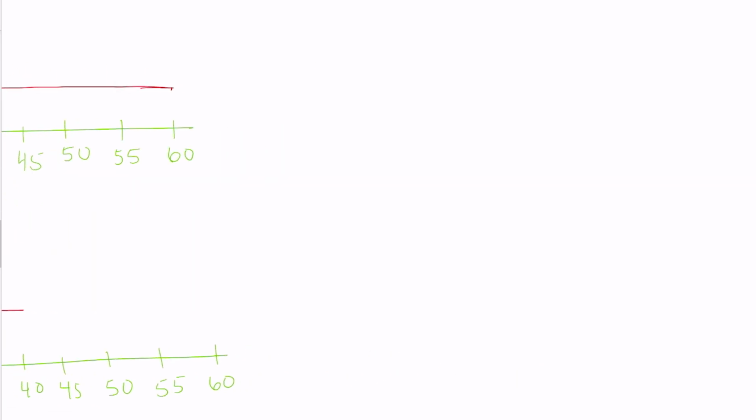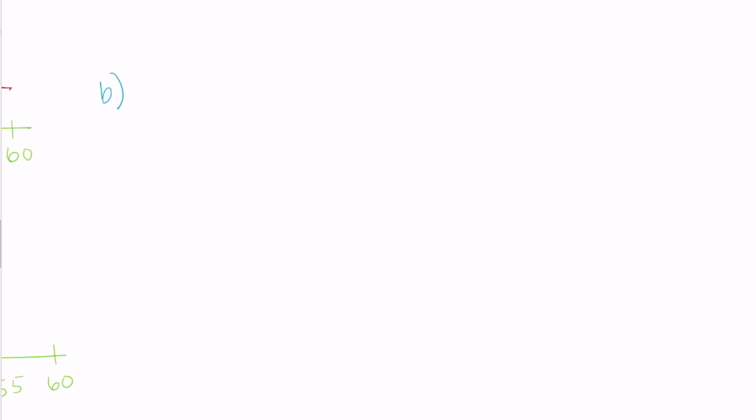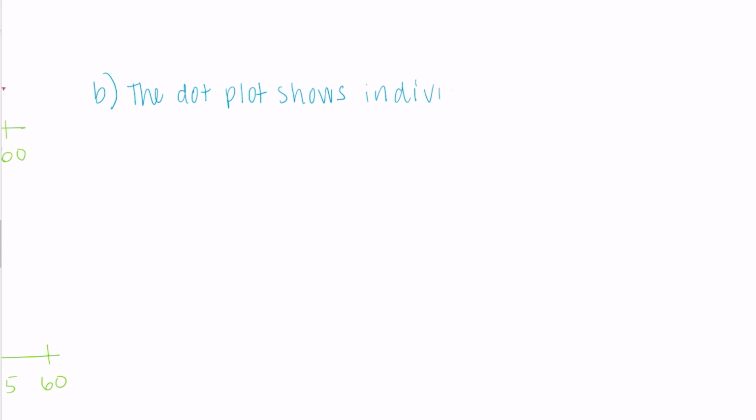So let's write that over here. B, let's say the dot plot shows individual times, which you can't see in the box plot.